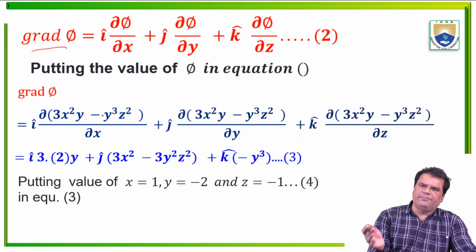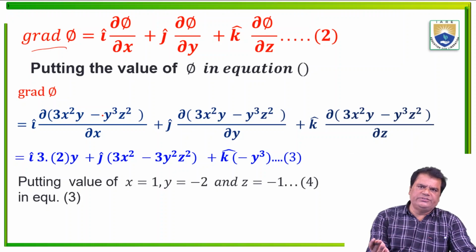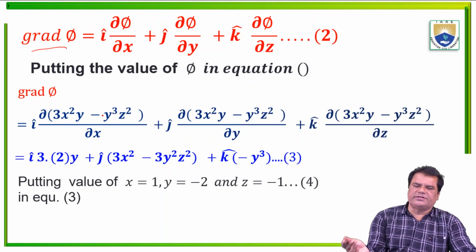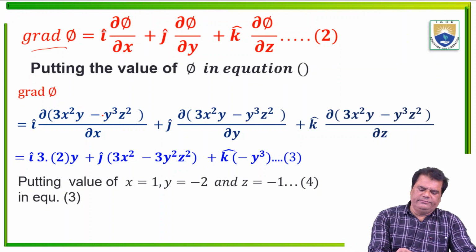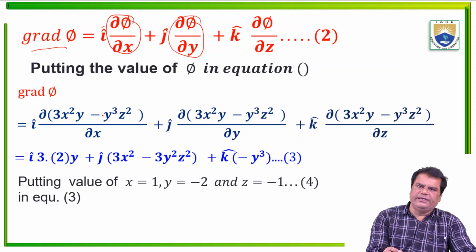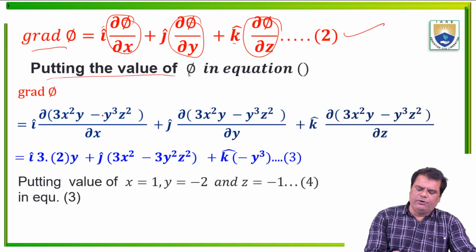Operator means when we apply it to phi inside the bracket, phi is differentiated with respect to x, y and z respectively in each term. So i cap ∂phi/∂x plus j cap ∂phi/∂y plus k cap ∂phi/∂z. This is equation 2.